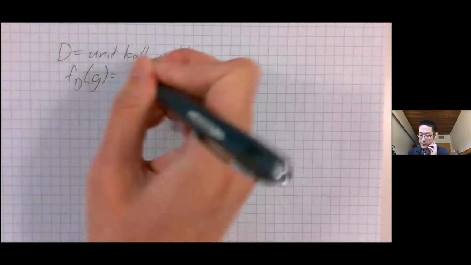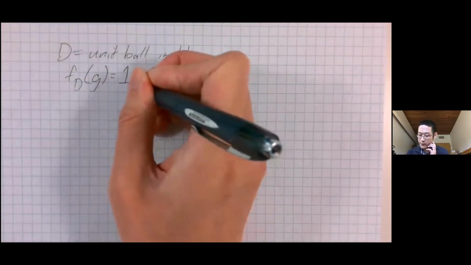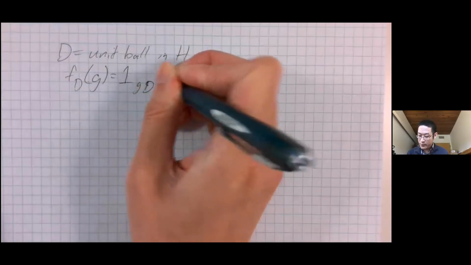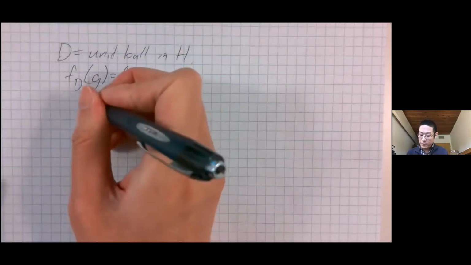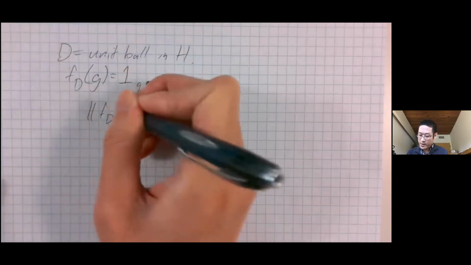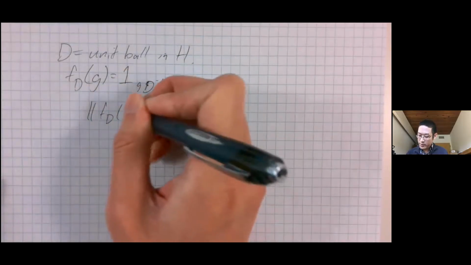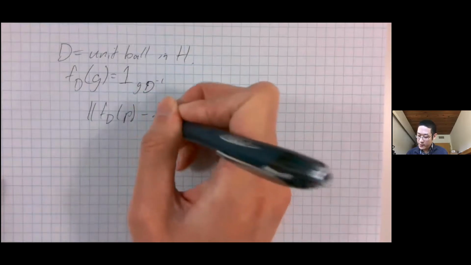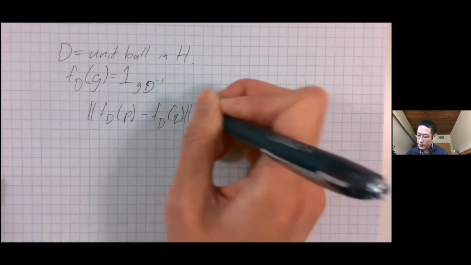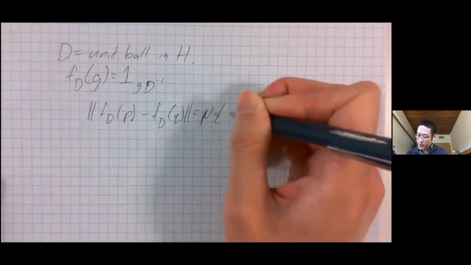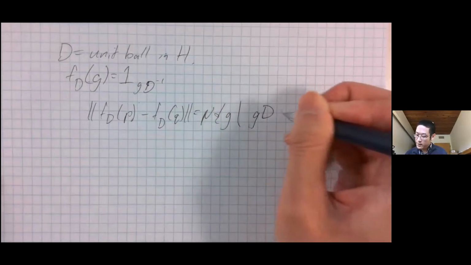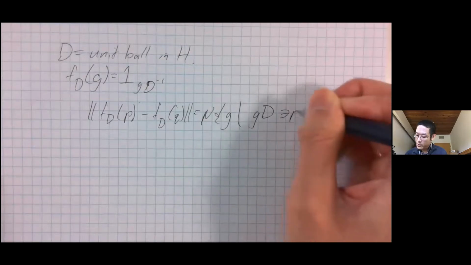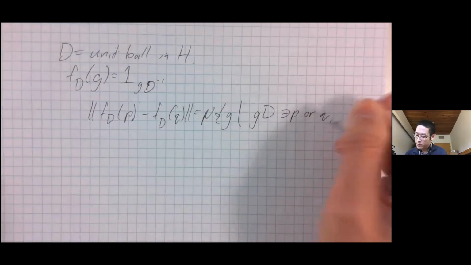This takes g to the characteristic function of g D inverse. In this case, it's symmetric, so this is just the same as gD. And then the distance between f_D of p and f_D of q is the measure of the set of translates such that gD contains p or q, but not both.